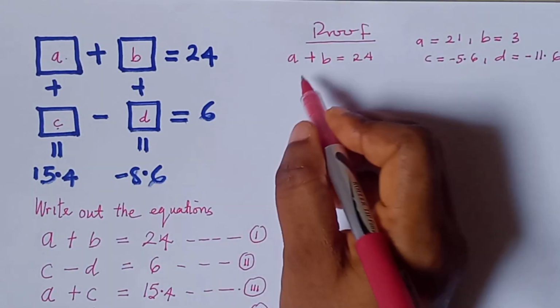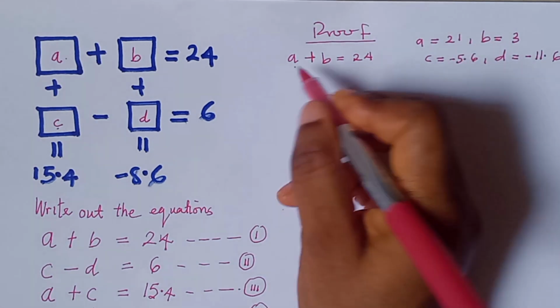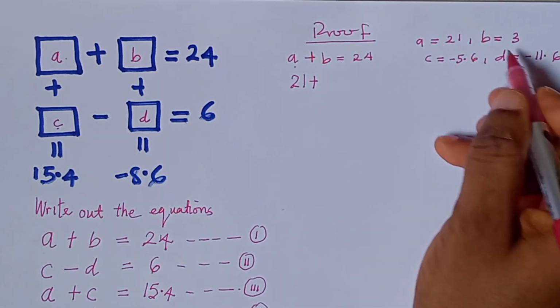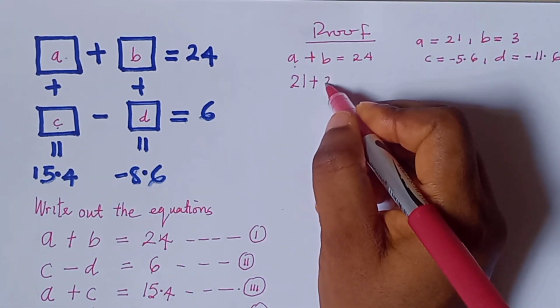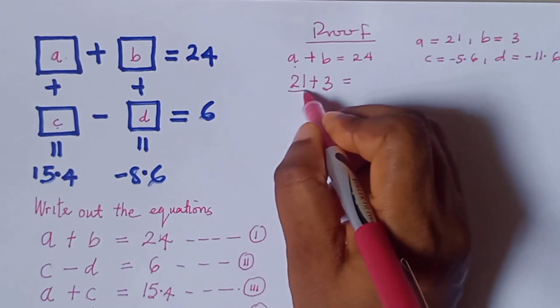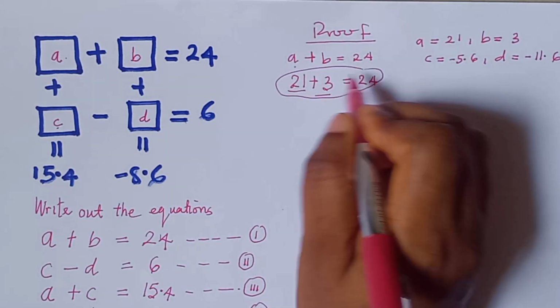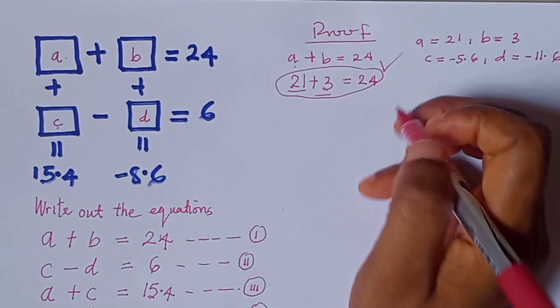Okay, so we prove this. A is 21 plus B is 3. Are we getting 21 plus 3 is 24? So we can say that's correct.